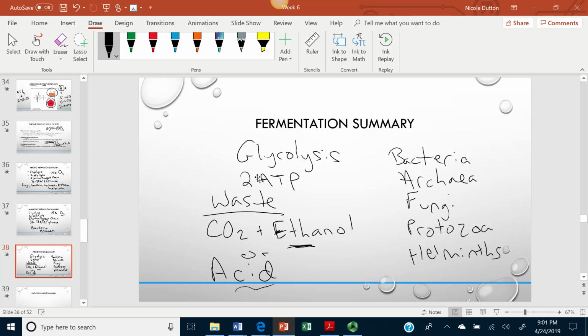The waste product that we produce from our fermentation is lactic acid, and that's why we have burning sensations in our muscles following strenuous exercise. That acid then has to be taken to the liver to be converted back to pyruvate and then make its way back into the cellular respiration cycle. So this can only sustain us for a short period of time.